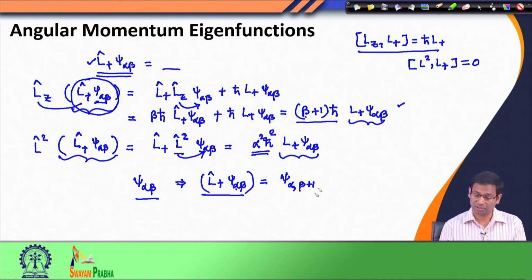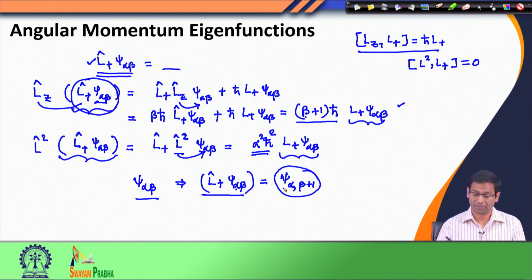So, this function, which is another eigenfunction of my Lz and L square operators, has two indices: instead of alpha and beta, the indices are alpha and beta plus 1. This should remind us that when I apply the Lz operator on this function, I get beta plus 1 h bar as the eigenvalue, and when I apply the L square operator, I get alpha square h bar square.